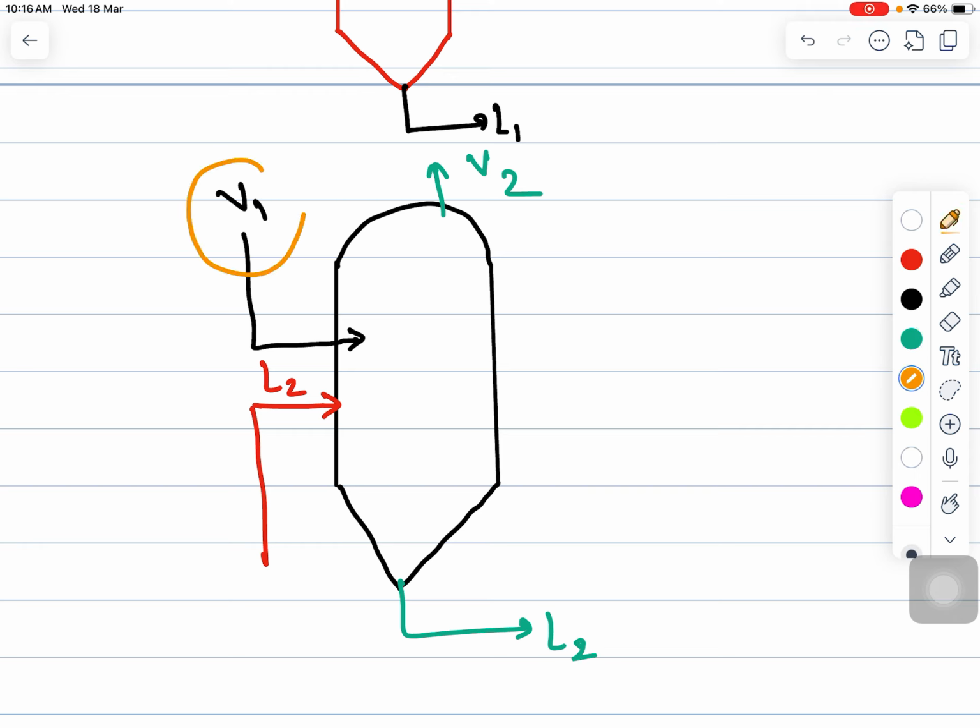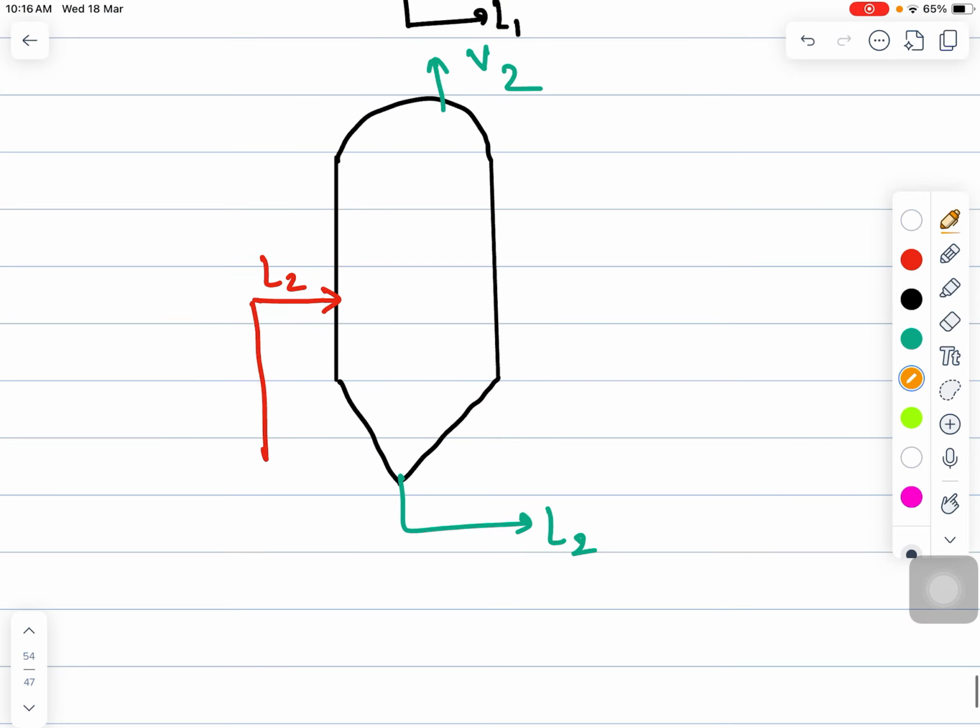But this V1 will work as the steam kind of thing. Sorry, this would be L1, no? This is your L1. So I can say L1 will be equal to V2 plus L2, right?